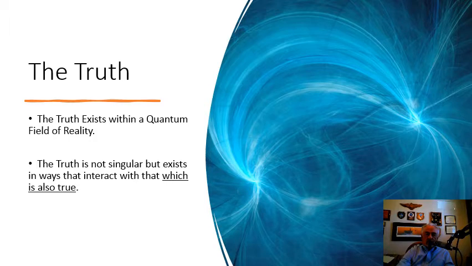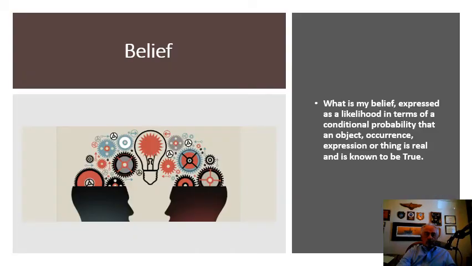Now keep in mind, the truth is not singular, but it is interactive with other things that are also true. What is my belief, expressed as a likelihood in terms of a conditional probability, that an object, occurrence, expression, or thing is real and is known to be true?